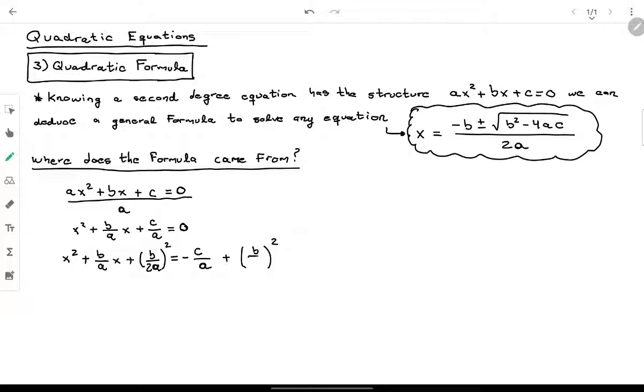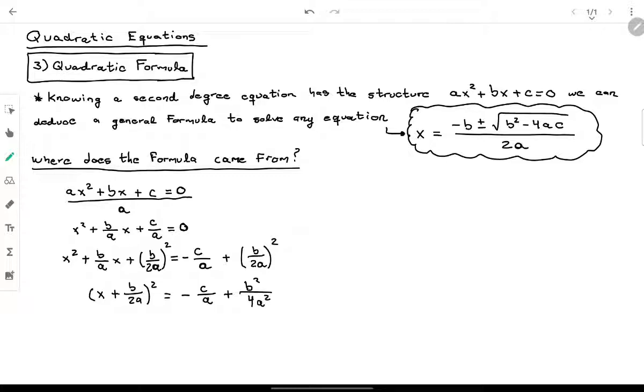I need to put exactly the same on the other side, so as not to modify the original equation. So this one is going to be x plus b over 2a, all of it squared, equals minus c over a plus b squared over 4a squared.